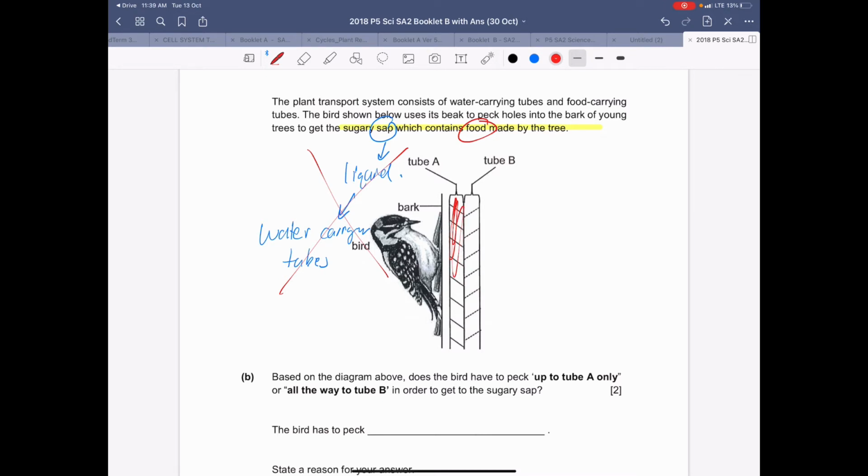Another way would be to put in a living thing, such as a fish, because your fish respires, and when it respires, it gives out carbon dioxide. Or even more simply, you can increase light intensity by putting an additional lamp.